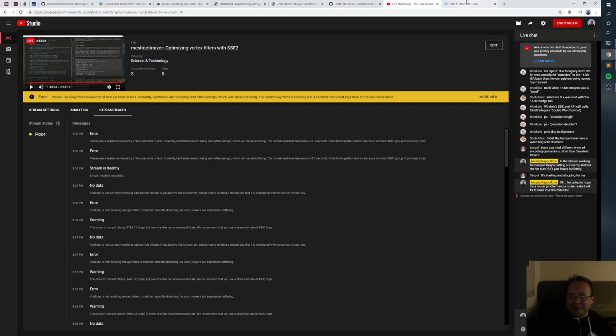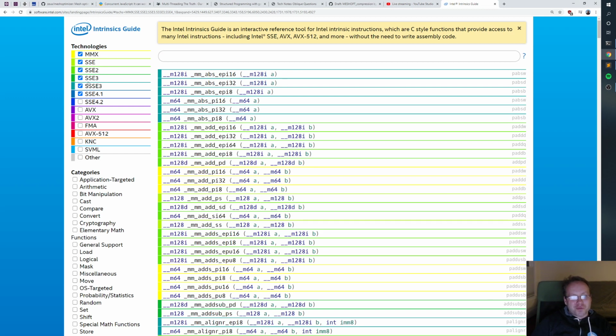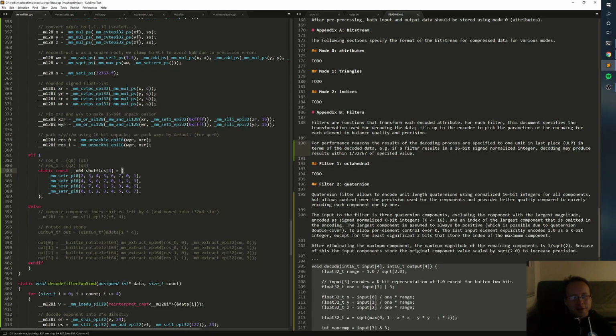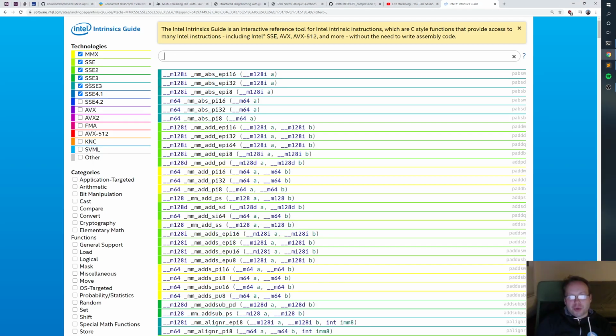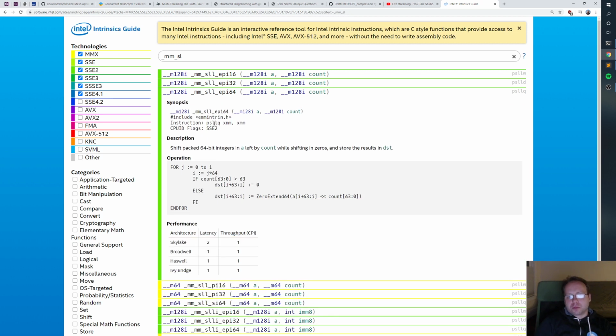So if I can't extract... Or I can extract and rotate. Well, so that's an option.